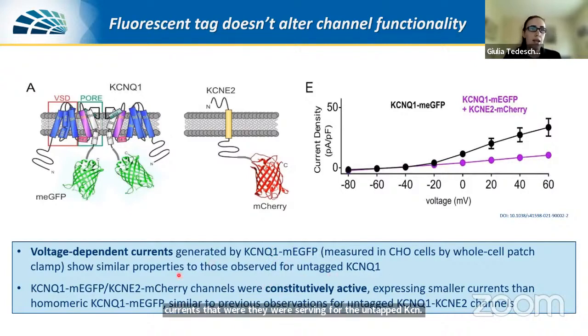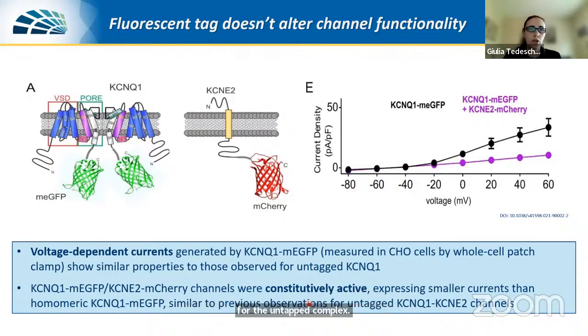And then they showed that the tagged complex, with both Q1 and E2 fluorescently labeled, was constitutively active, and expressed smaller currents compared to the Q1 tagged. That is similar to what they observed for the untagged complex.